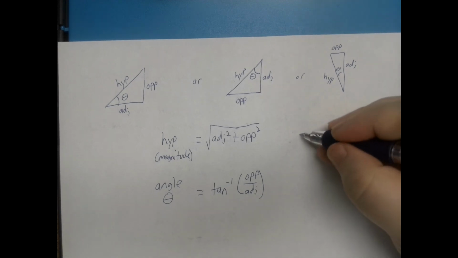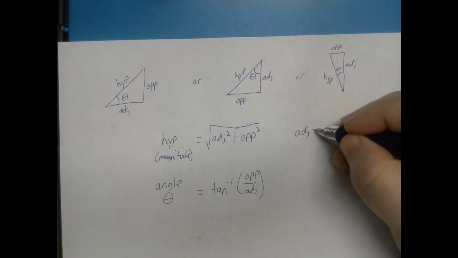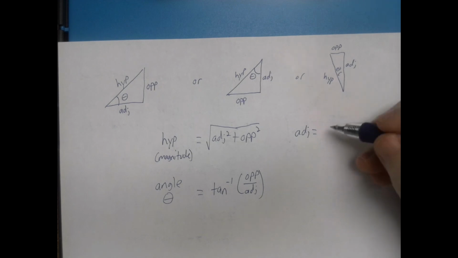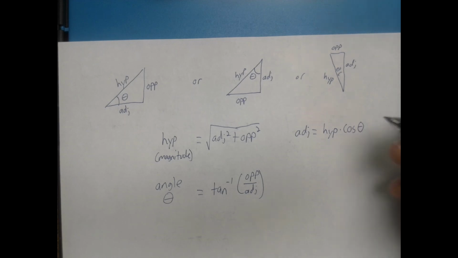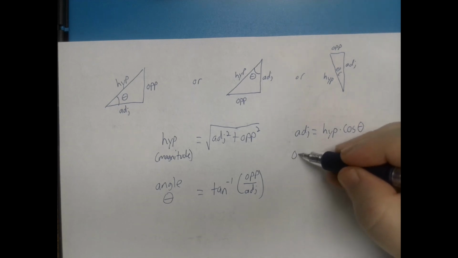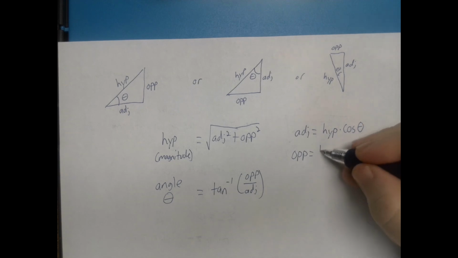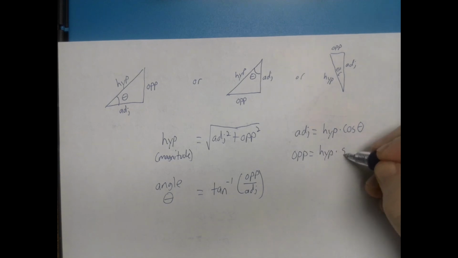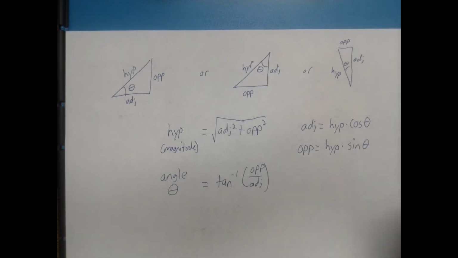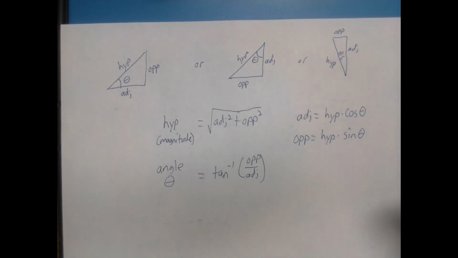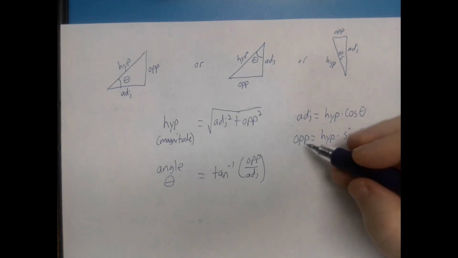We also have the fact that adjacent would be equal to hypotenuse times cosine of theta, and opposite equals hypotenuse times sine of theta.